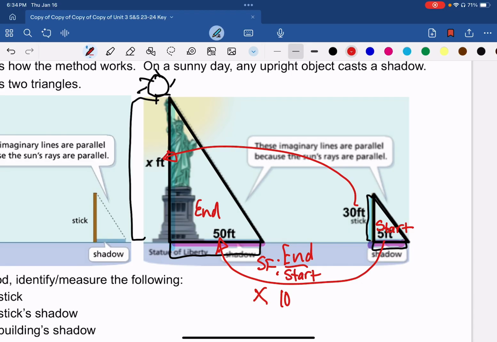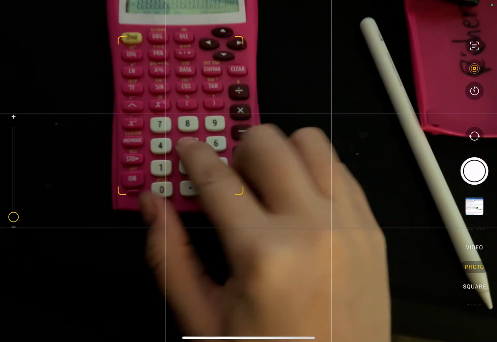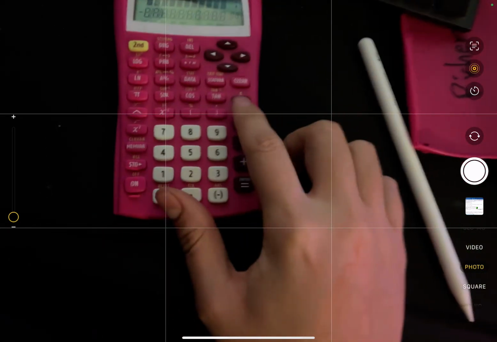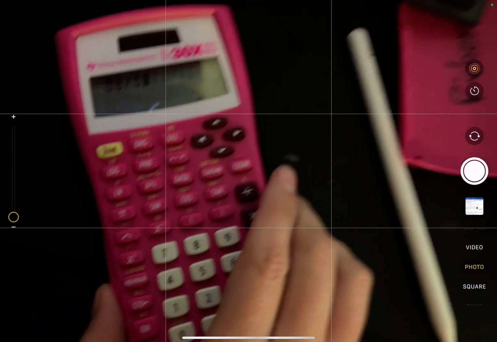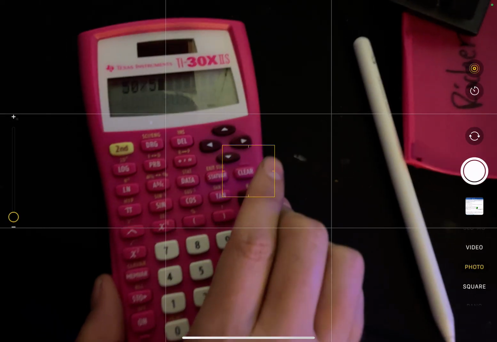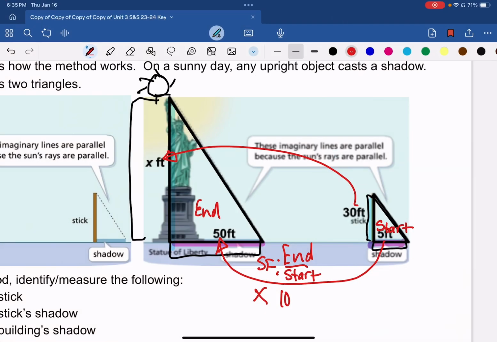So that would be 50 over 5. 50 divided by 5. It even kind of looks like it in the calculator if you notice. And then push enter, and that's 10. Awesome. And you could have checked and said, oh, that is 10 times bigger, right? Cool. We now know this triangle on the left is 10 times bigger.